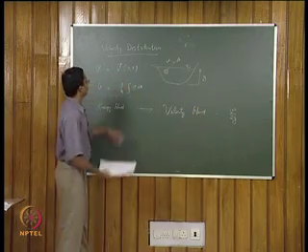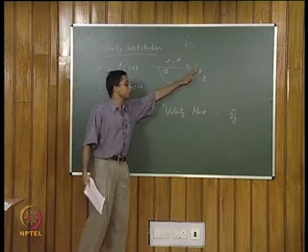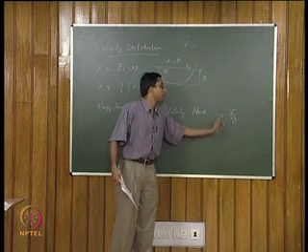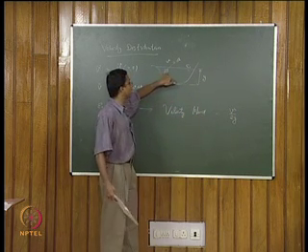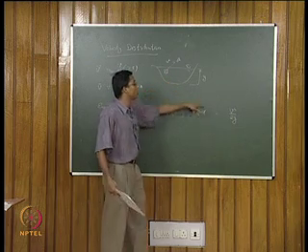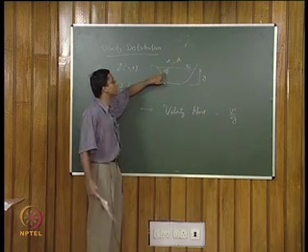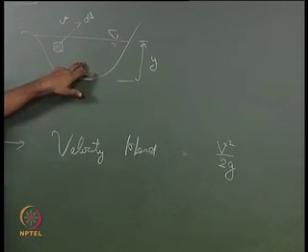If you take any cross section of the channel, you will see that the velocity at any small elemental area gives v squared by 2g, the velocity head for that particular position, and at another location you will get another value.